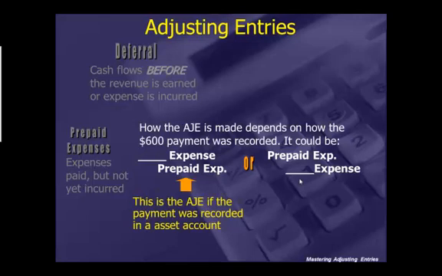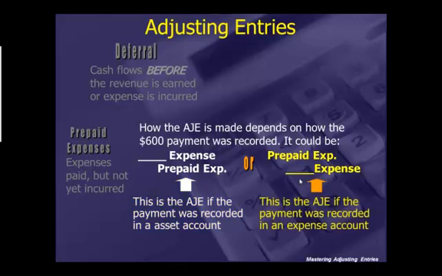So the first one is the adjusting entry if the payment was recorded as an asset account, because it's transferring out what has been used by crediting it. The second alternative shown is the adjusting entry if the payment was recorded as an expense account. And you're transferring out of expense what has not been used and what will carry forward to the next fiscal year.